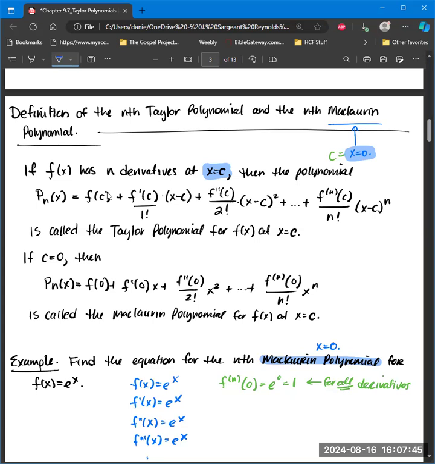So we can actually just say p sub n of x is the summation from n equals 0 to infinity of f to the n at c times x minus c to the n over n factorial. I need to scooch that over just a bit.